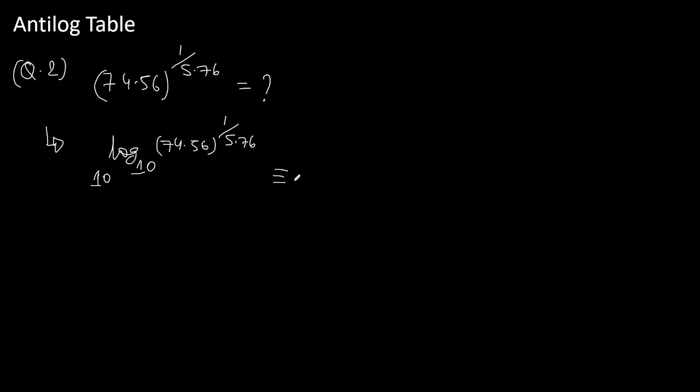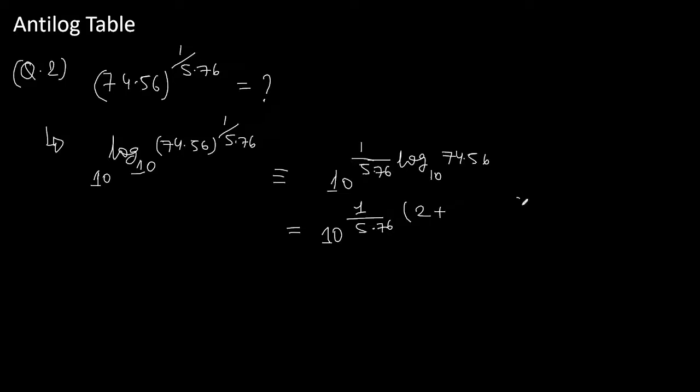Now first we have 1 upon 5.76 coming out, and we have log of 74.56 base 10. My saying is that 10 to the power 1 is 10, 10 to the power 2 is 100. So the value of 74 will come out to be 2. So this is 2 plus. Now we'll go to the table.